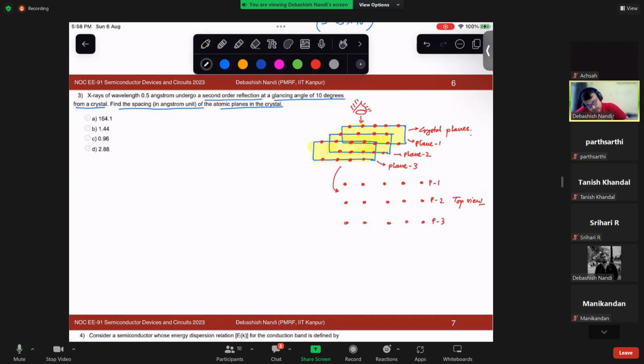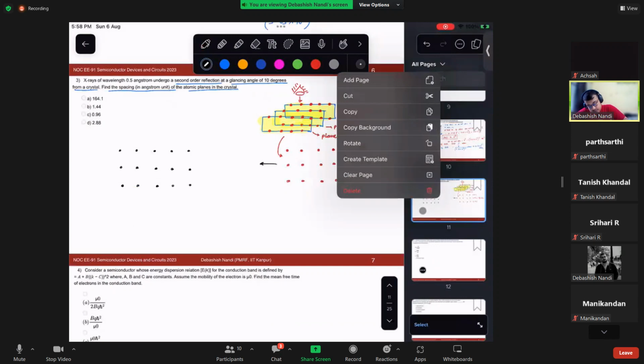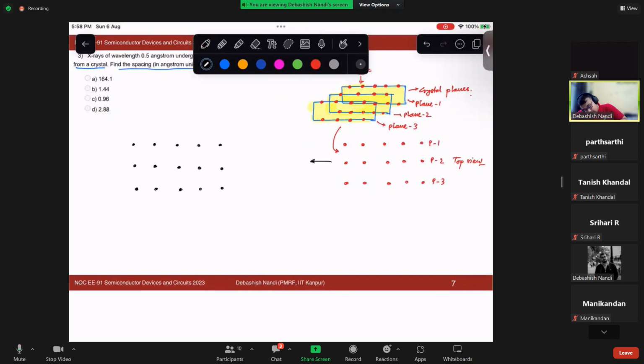So now I'm just drawing this thing again here. Suppose here is an electron gun, and here is some screen where you see the interference pattern.